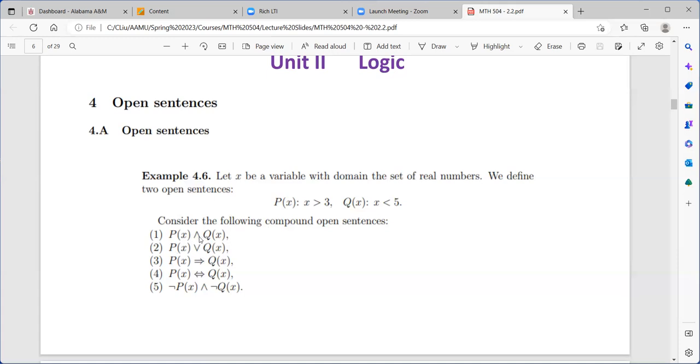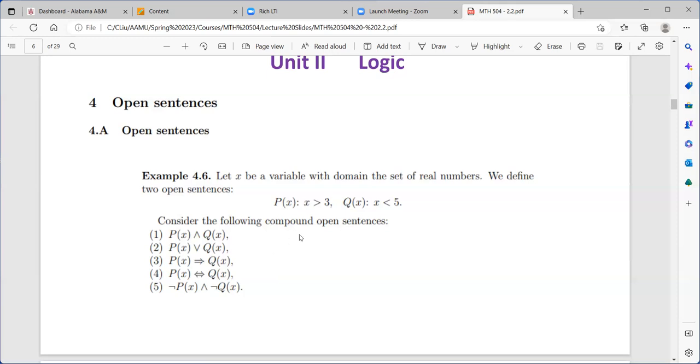And the second one, you just take a disjunction of these two open sentences. So for any specific value of x, for this disjunction of P and Q to be true, either P or Q must be true. So that means x has to be greater than 3 or less than 5.